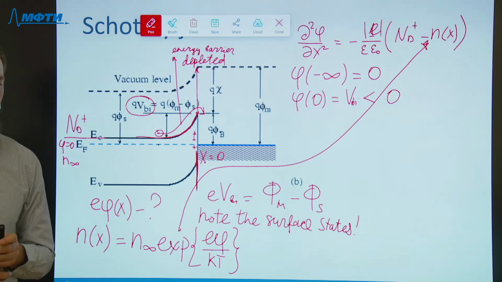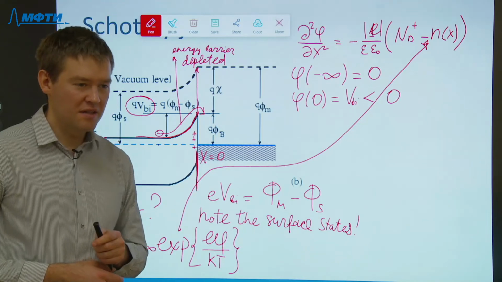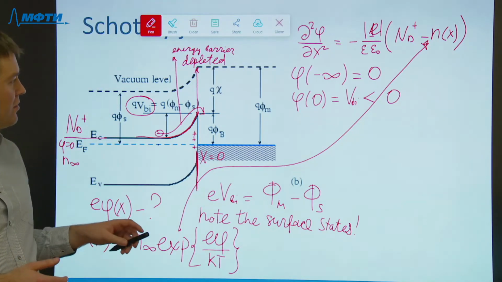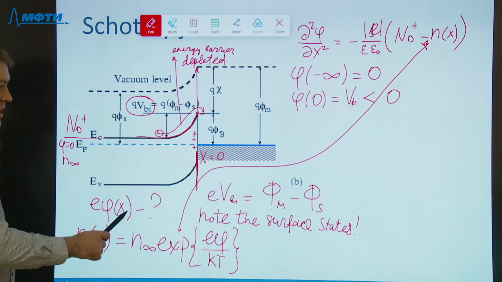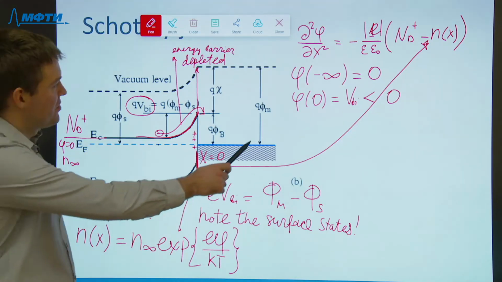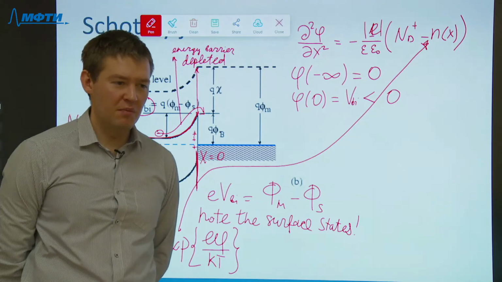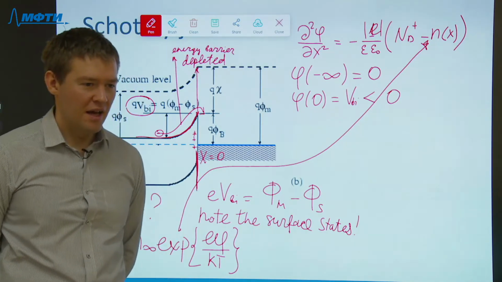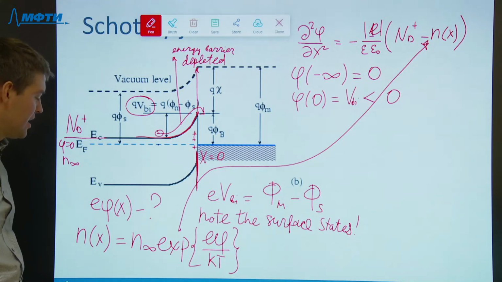Before proceeding to these simple approximations, I will give you a home task: to solve the profile of electric potential in the Schottky junction, solving this nonlinear differential equation exactly. The solution is quite complicated, still it's doable, and you can find it immediately.